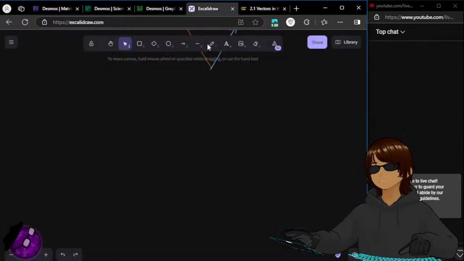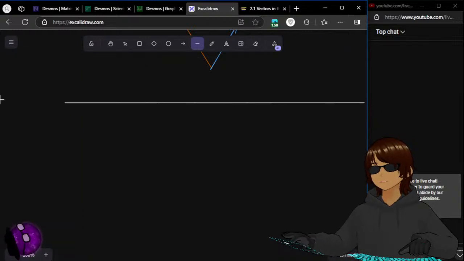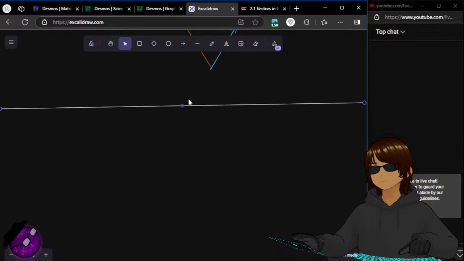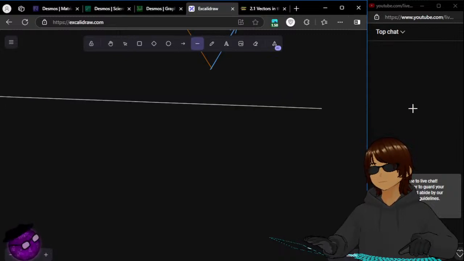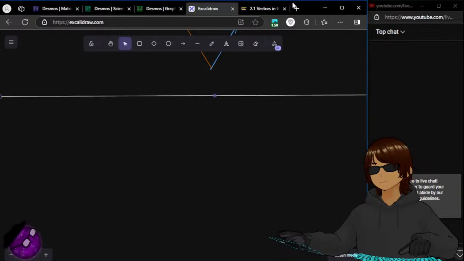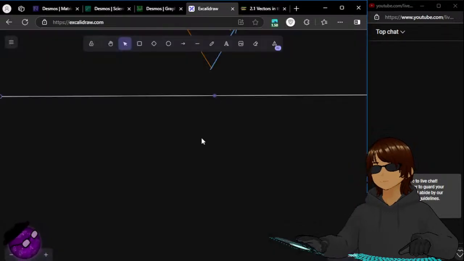Anyways, so v is the vector with initial point 2, 5 and terminal point 8, 13.